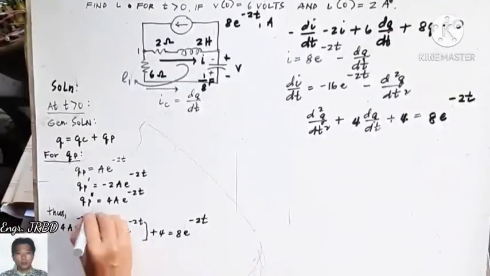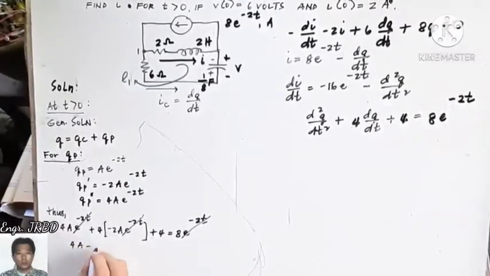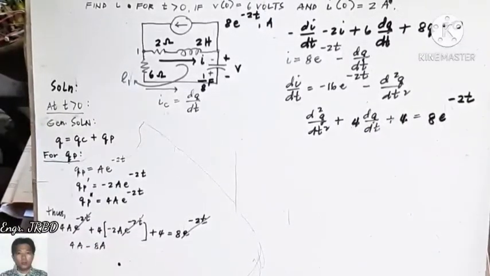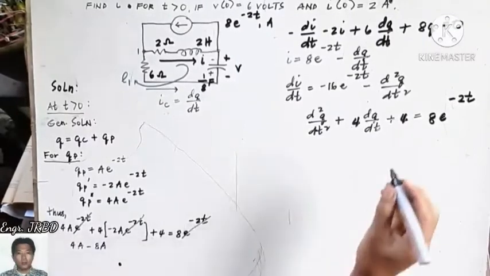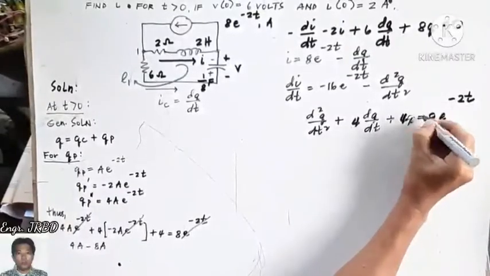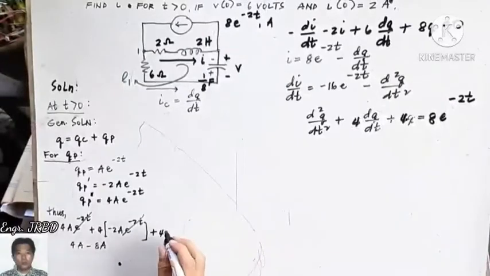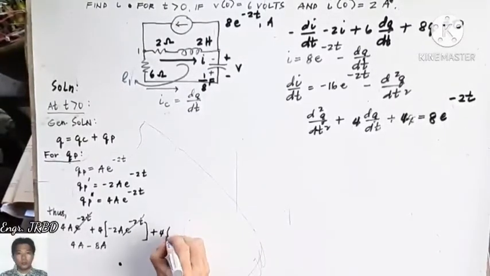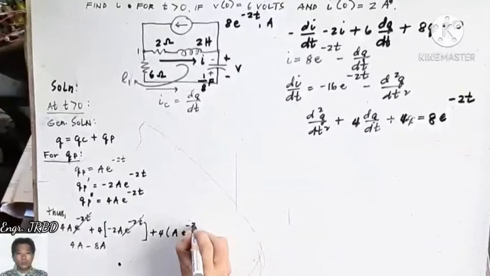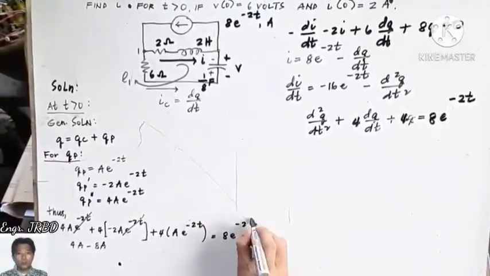Your e raised to negative 2t will cancel. Okay? So what will remain will be 4a minus 8a plus 4. This is supposedly 4q. Sorry, no? This is supposedly 4q. So this is 4 times a e raised to negative 2t is 8 e raised to negative 2t.